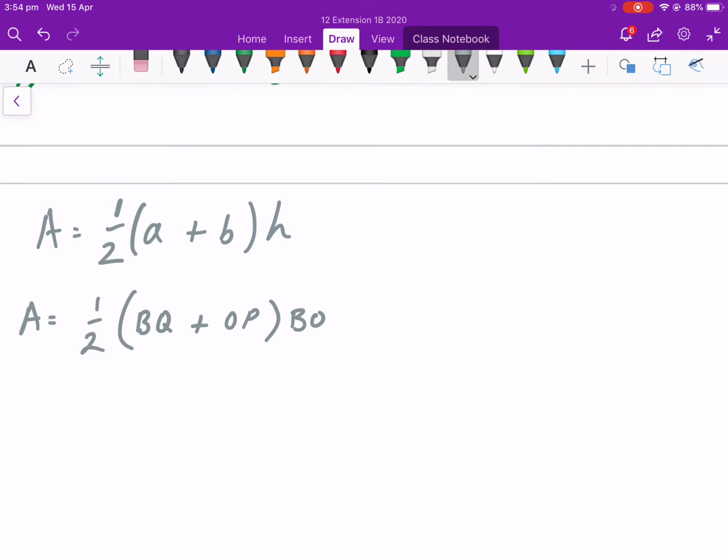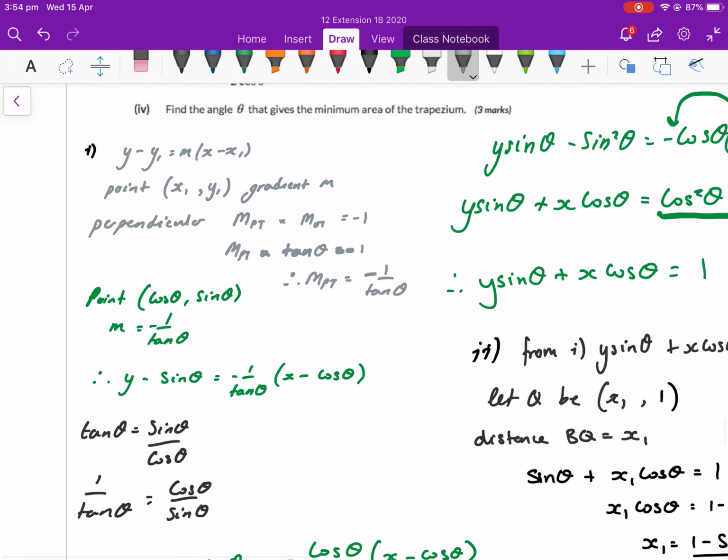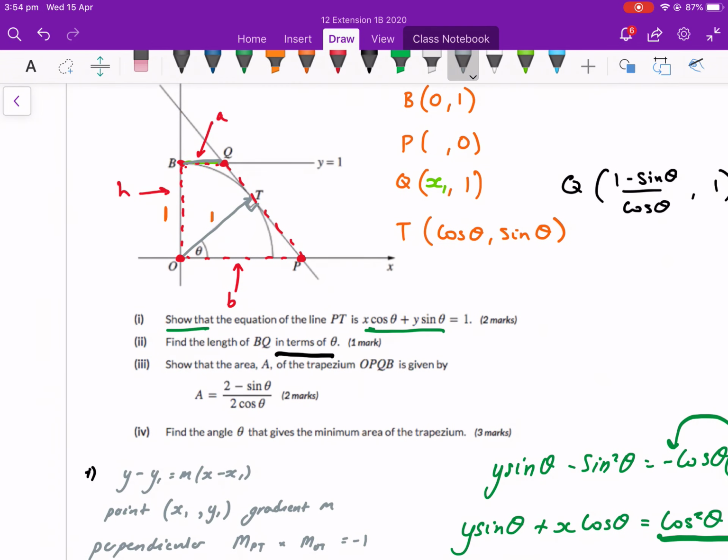So the area of our trapezium is the two parallel sides, so these two added together, BQ plus OP, times the height between them, BO, times a half, or divided by 2, depending on how you want to look at it.